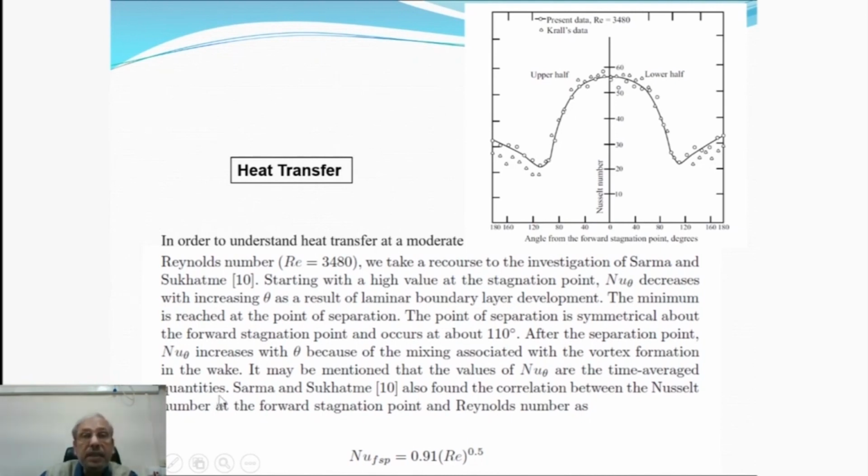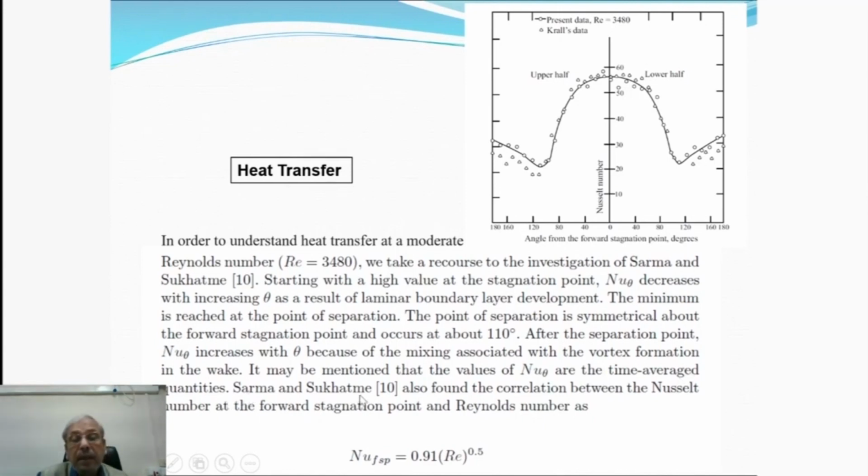As I said, these are time average quantities. Otherwise, this symmetric structure cannot exist, since when vortex shedding is taking place the instantaneous field cannot be symmetric.